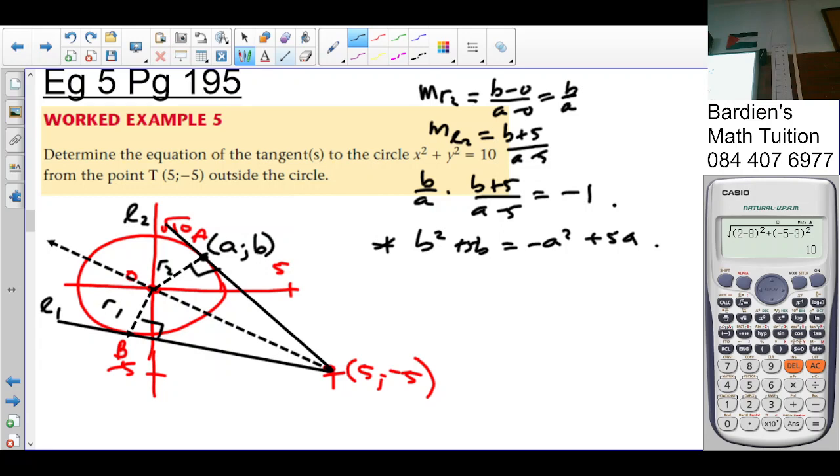I don't know. Any ideas? Right, let's check what they did. Otherwise we're going to lose a lot of time. So you're saying that they're going with the distance formula for this line here, R2 here, and R1. Let's see what they did.